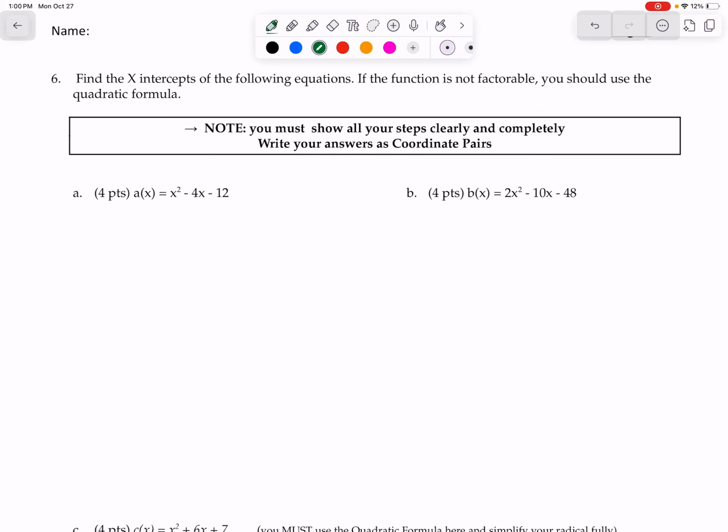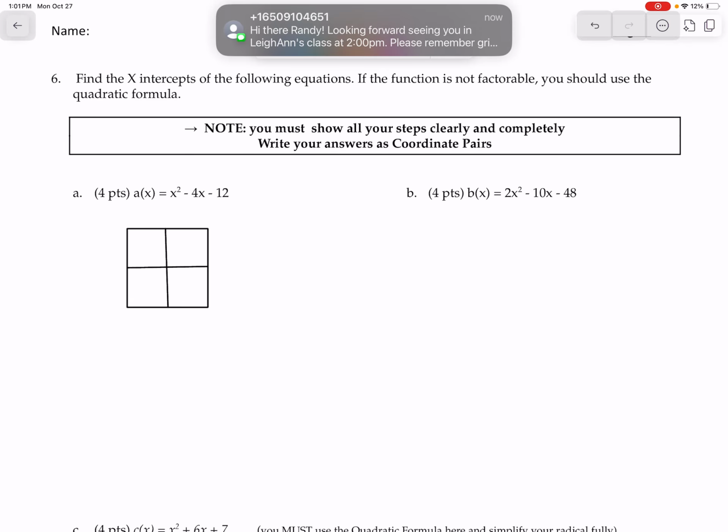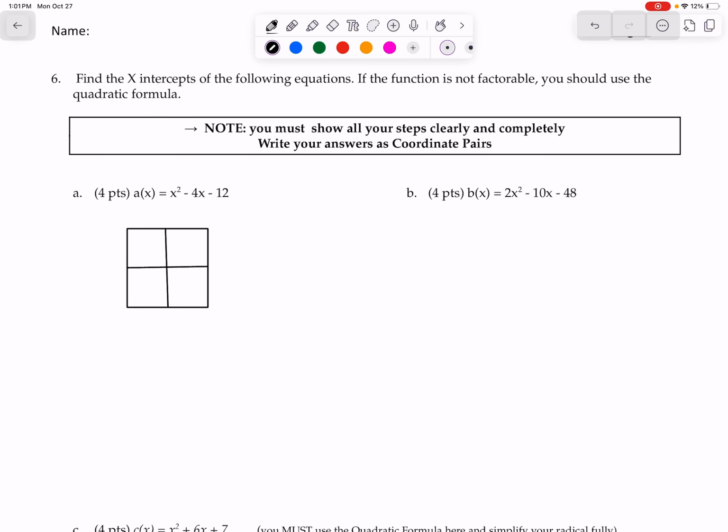Okay, we're factoring here. I'm going to make myself a box, and then copy and paste it here, because I'm going to need it there too.